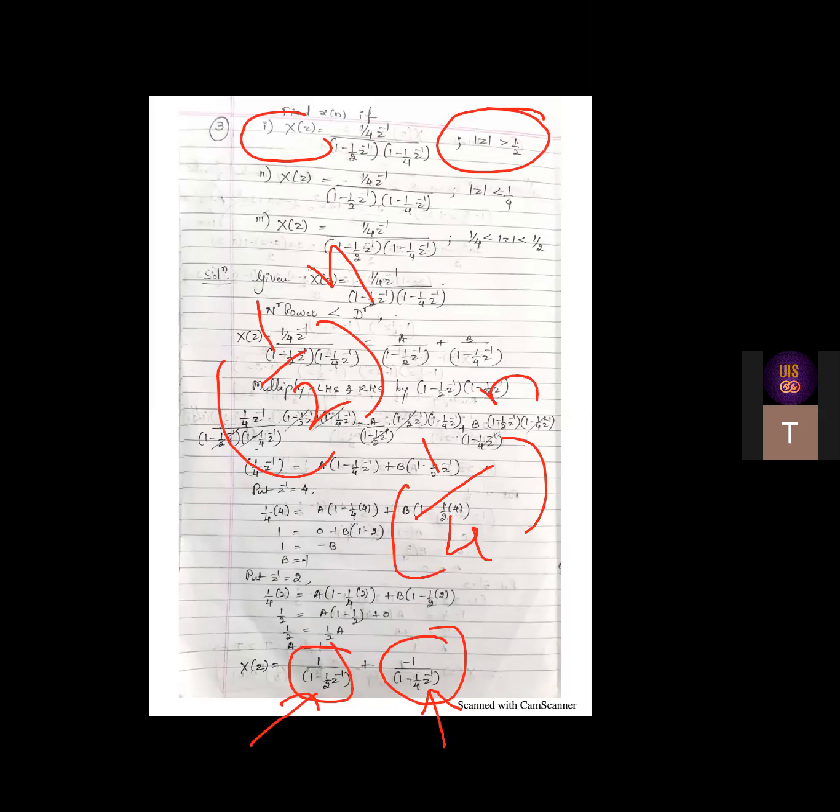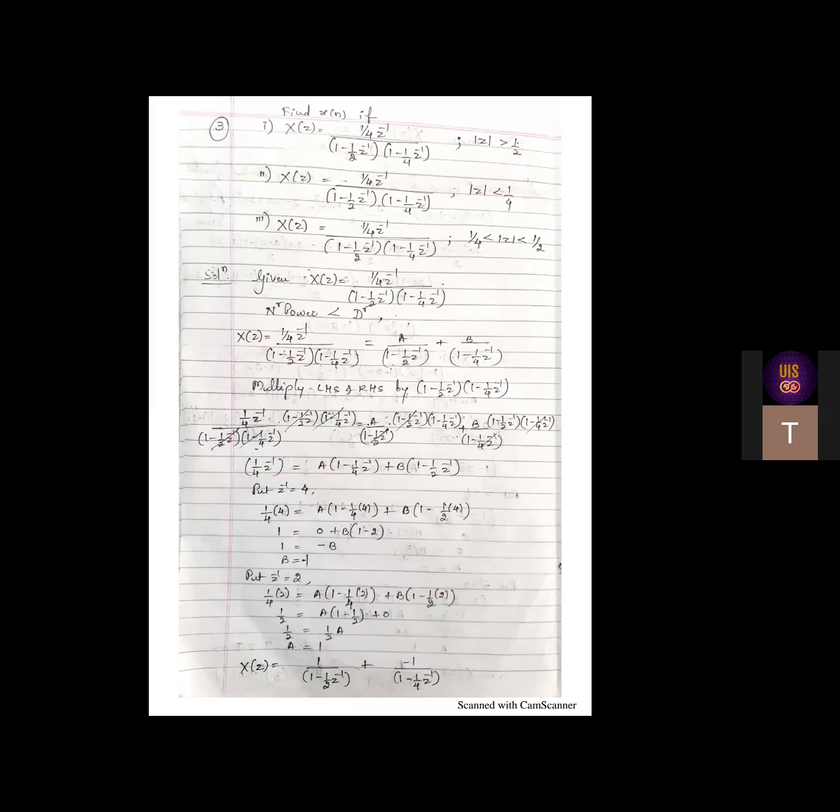Now, coming to the first ROC condition, it is greater than half. So if you want to draw this on the z plane, how does it look? We have two circles of radius half and 1 by 4.